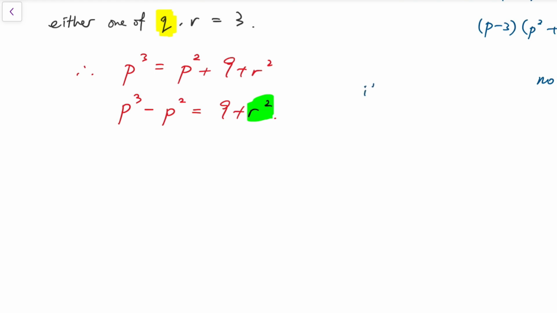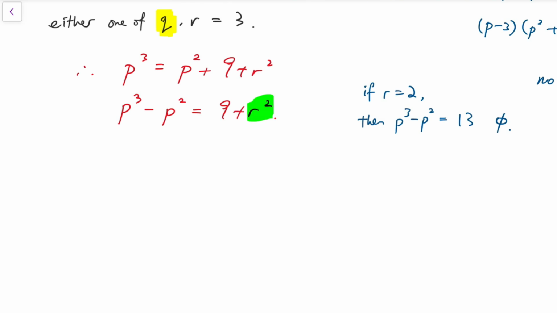But if r equals 2, then p cubed minus p squared equals 13. Clearly no solution. So we can just ignore that and say r is congruent to 1 mod 4. And same for p, because we have already tried previously that p cannot be equal to 2.